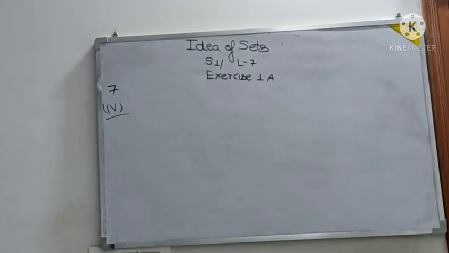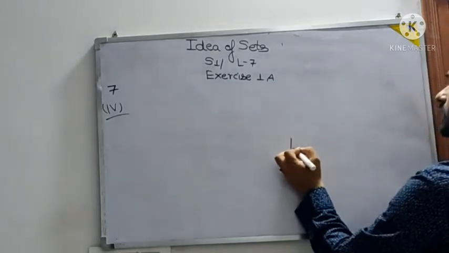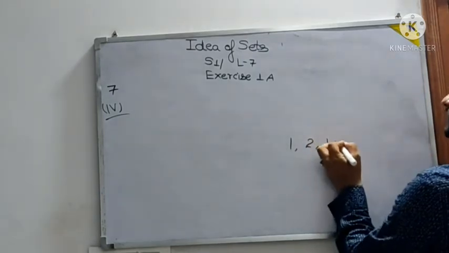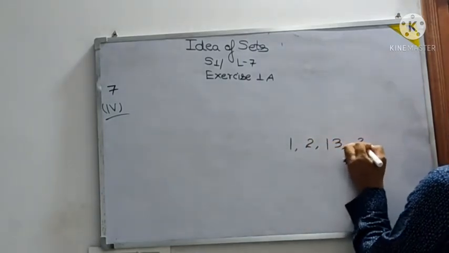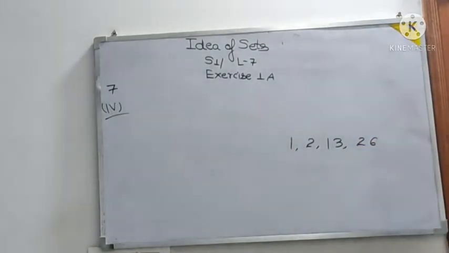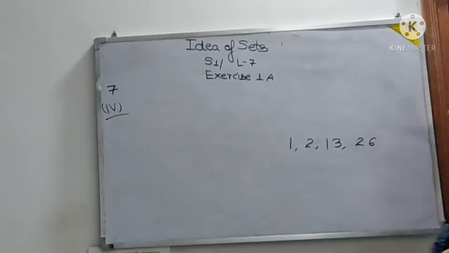Fourth part is where the sequence is 1, 2, 13 and 26. Now see how to get the relationship here. Let's see.